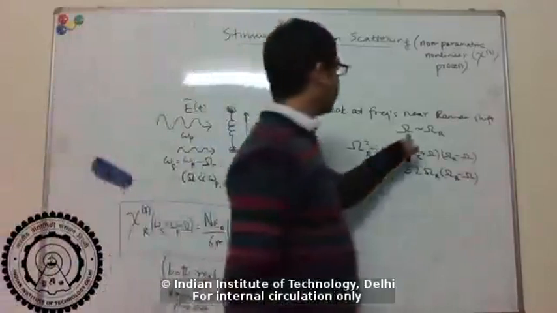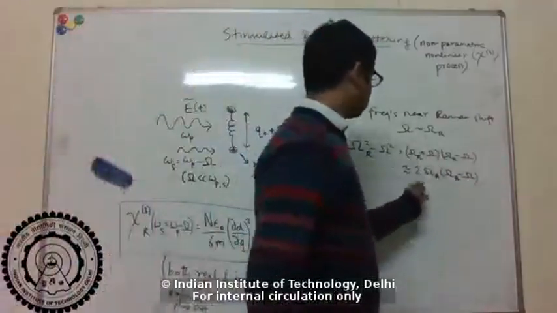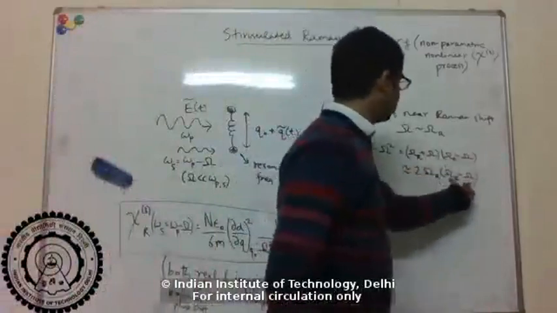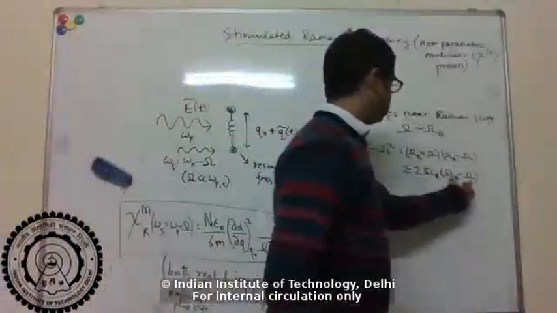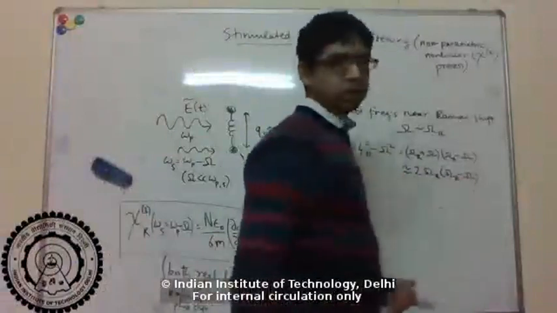So omega r plus omega is basically 2 omega r, and only the difference remains. So this difference in the squares now goes as just the difference.